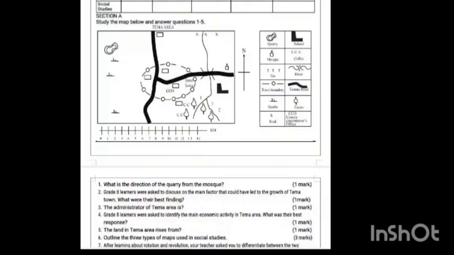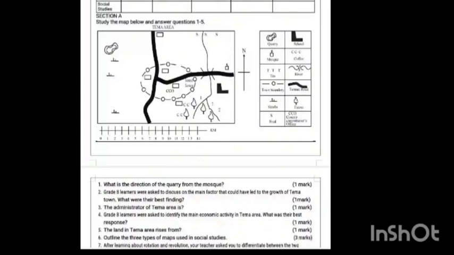Question 7. After learning about rotation and revolution, your teacher asked you to differentiate between the two. So there are very many ways of differentiating between rotation and revolution. You can use the definition, you can use the effects. And what you're being tested on is the ability to use the conjunction while or whereas, because you're distinguishing. We don't expect to see a table, okay?